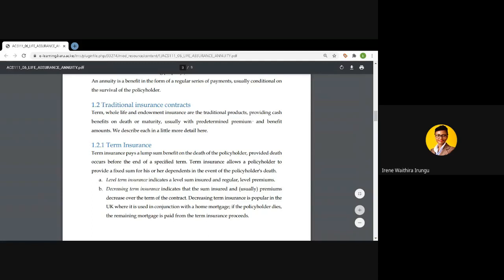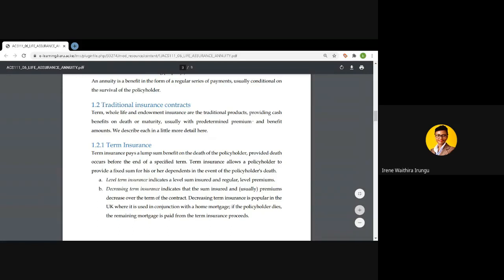However, if Brian's father survived to the end of the term, meaning that they are alive even at the end of the 5 years, then no lump sum benefits will actually be paid either to him or the beneficiaries at all.